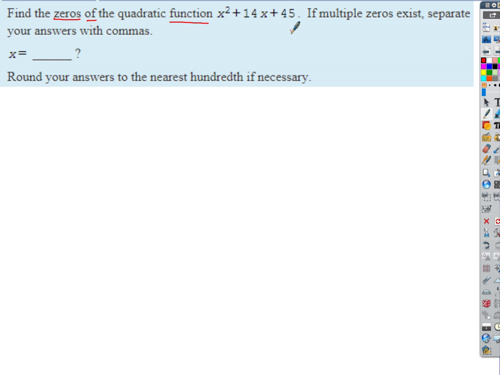Zeros of a function. Now, if we write this in function form, I'm going to write it like this. Remember, that's f of x. f of x equals x squared plus 14x plus 45. Okay? I'm going to pull up Desmos, and this helps.